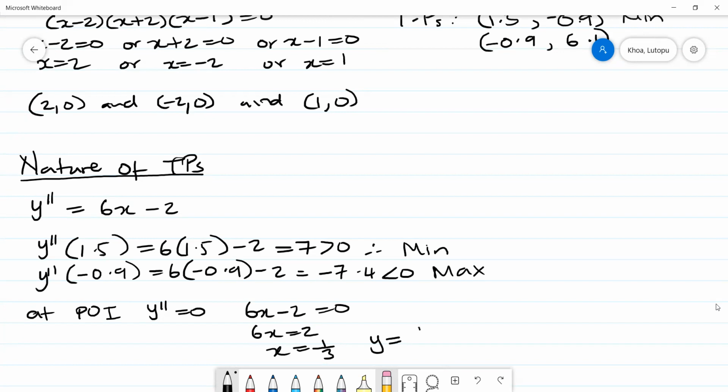So we have 1 over 3 cubed minus 1 over 3 squared minus 4 times 1 over 3 plus 4, which gives 20 over 27.